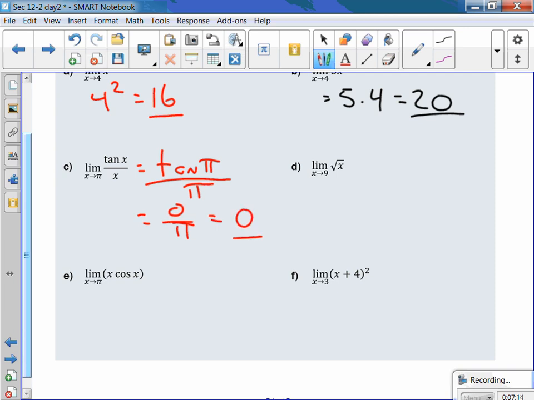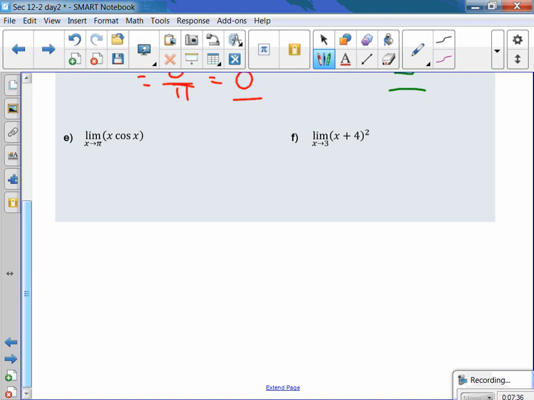The limit of tangent of x over x as x approaches pi is equal to 0. The limit of the square root of x as x approaches 9. Yeah, we'll go with the principal root.